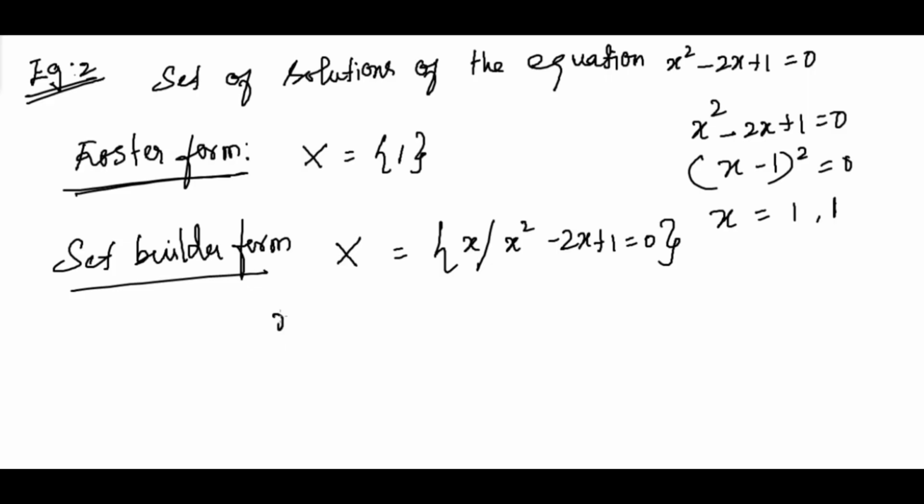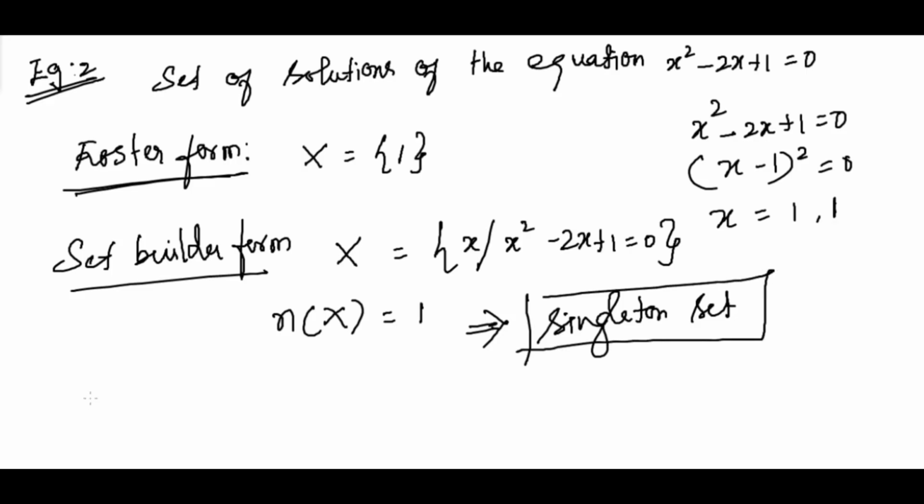Here, the cardinal number of X, that is n of X, is equal to 1. If the number of elements present in the set is 1, then the set is called a singleton set. If the cardinal number is 1, then the set is called a singleton set.